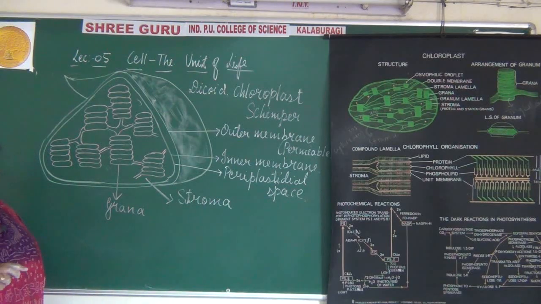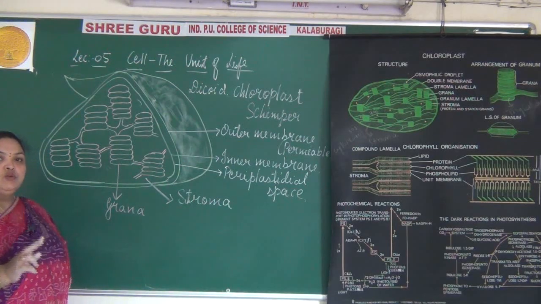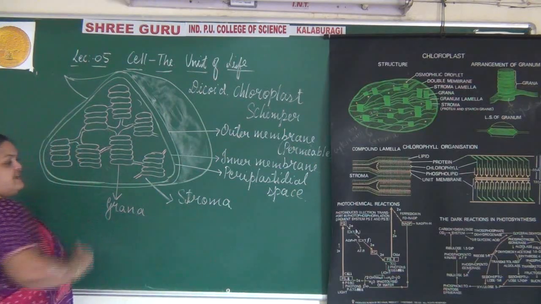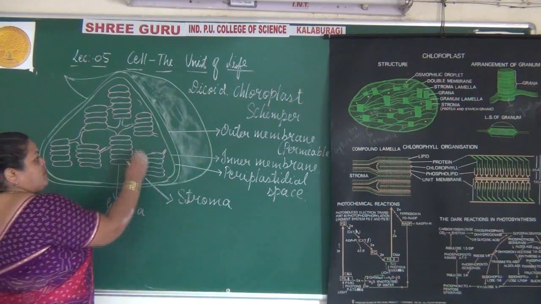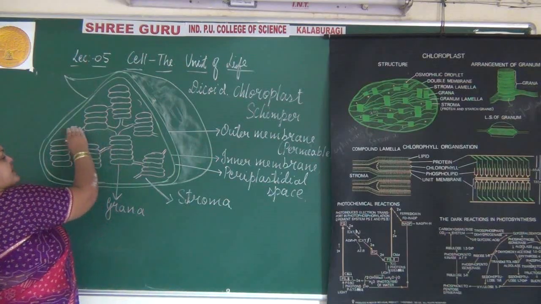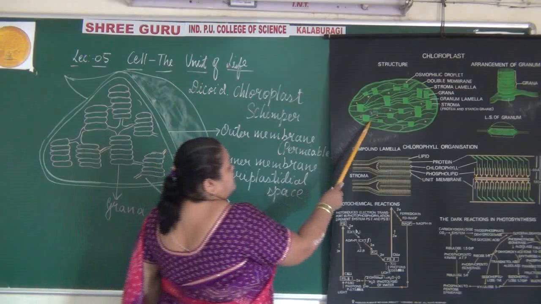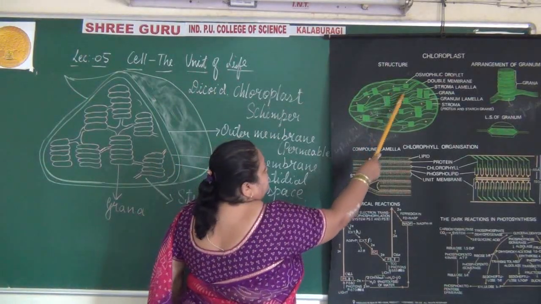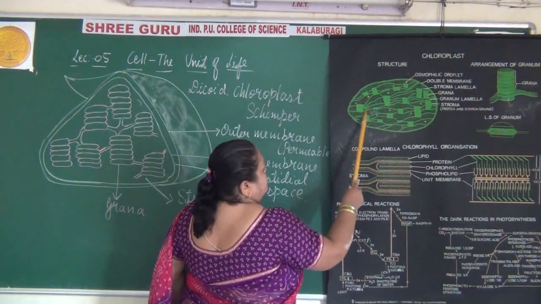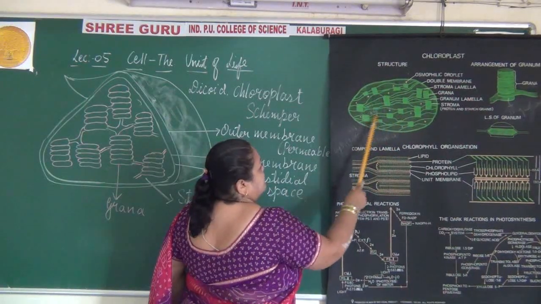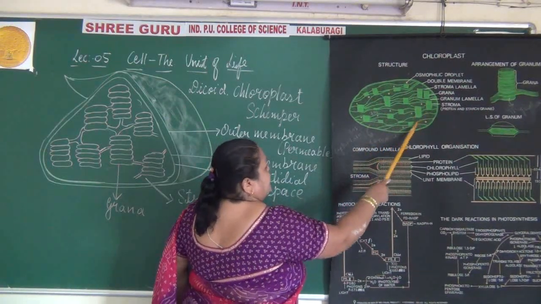Inside the chloroplast, you can observe two main components, the stroma and the grana. The stroma is the proteinaceous component that surrounds the grana.